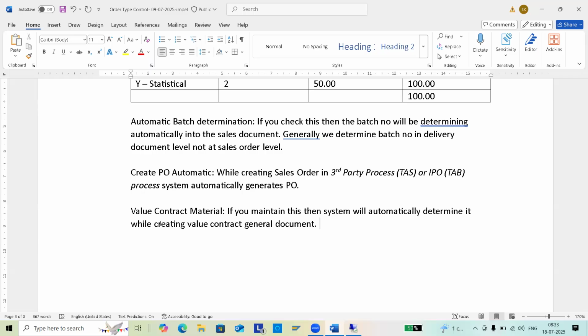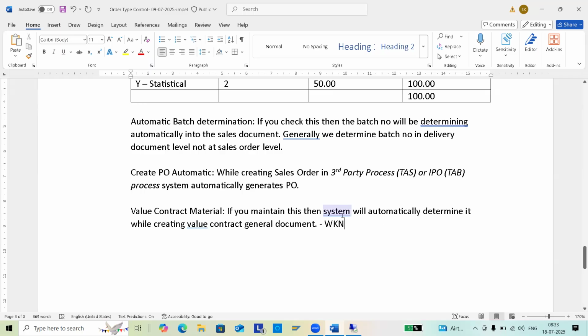The item category of the quantity contract is KMN. But for a value contract, the item category would be WKN. Make a note of this one.